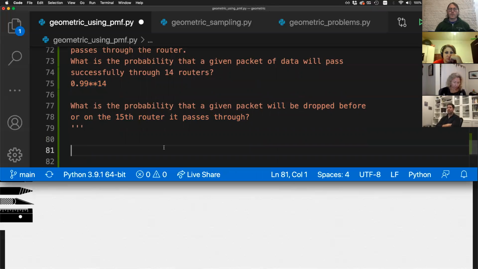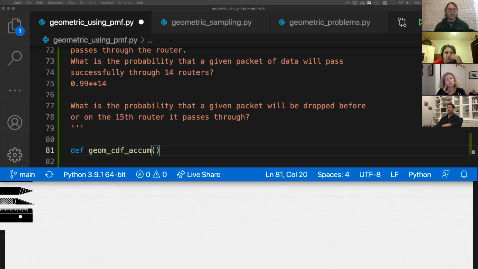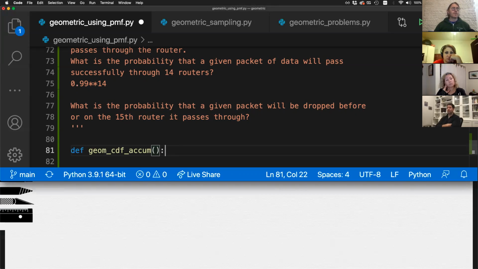There are going to be two forms of the CDF that we look at. And in order to understand the CDF, we usually think about it in terms of being an accumulator. So I'm going to have you write a geometric CDF accumulator.